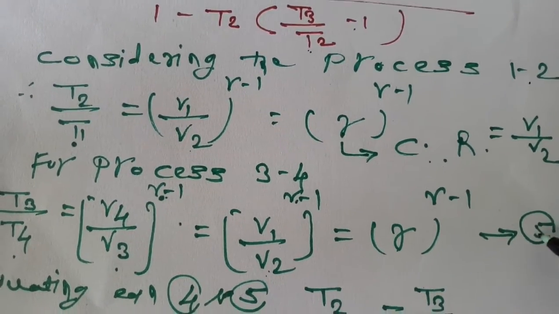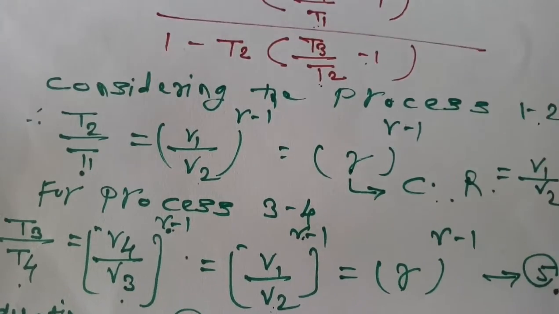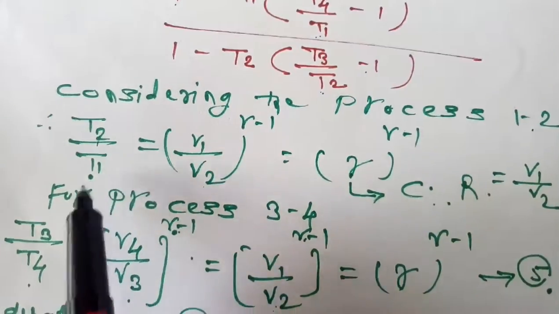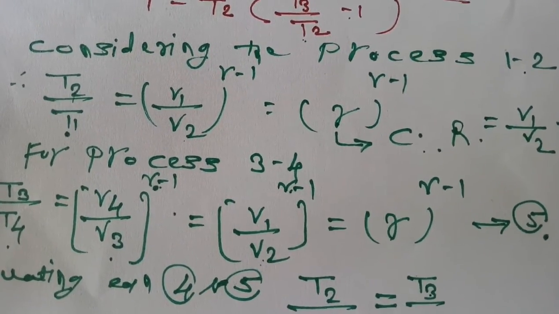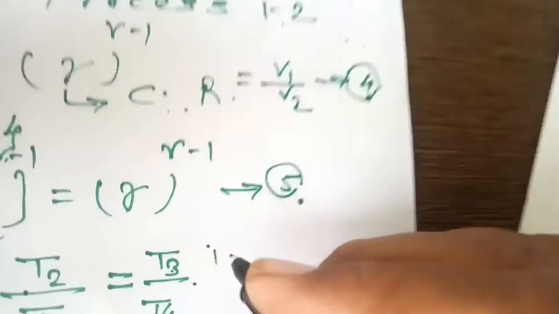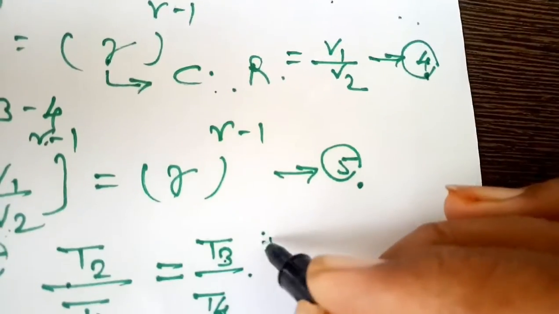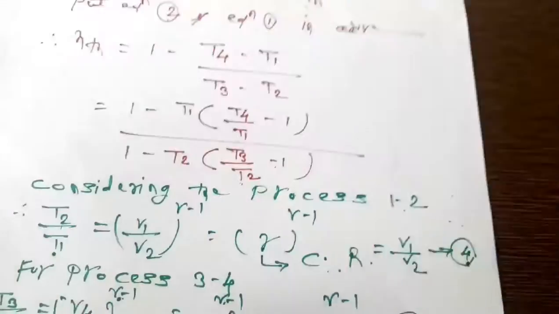So the right-hand sides of equation 4 and 5 are the same. So we can equate T2 by T1 equal to T3 by T4, equating equation 4 and 5. This is an important factor.